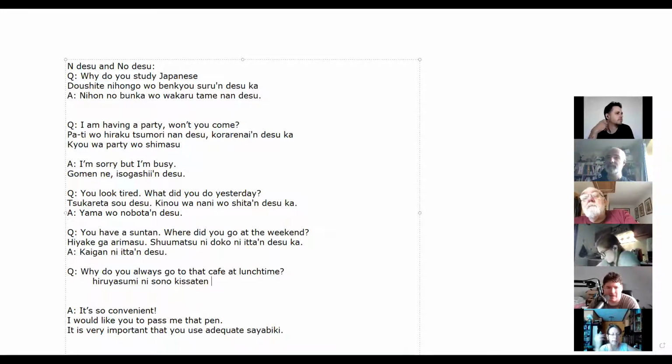Sono kisaten de. No, going is not de, but ni. Yes, good, let's use ni, and then go in the plain form. Iku. Okay, let's leave it there a second. So there's our first main central clause: you go to the cafe at lunchtime.